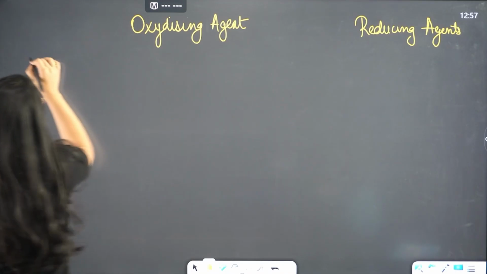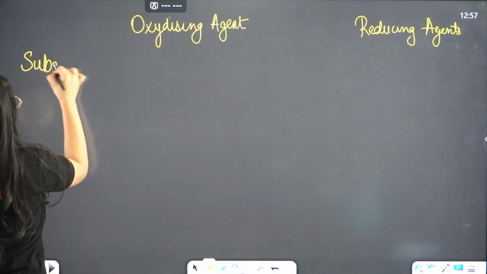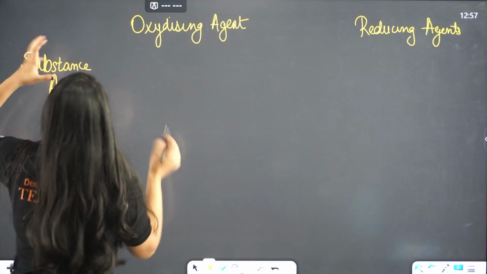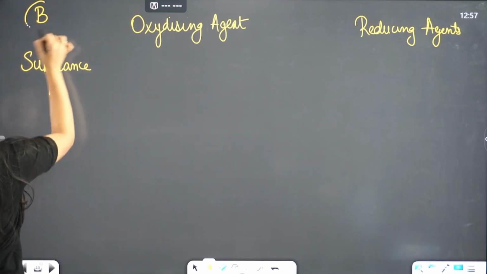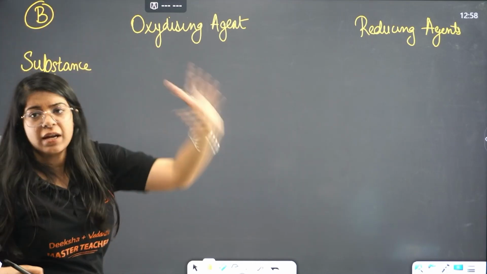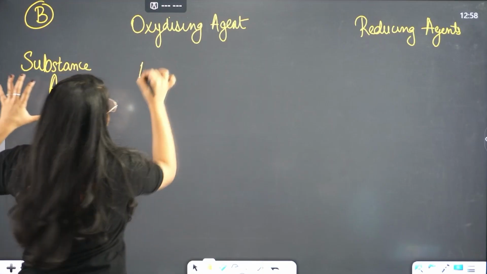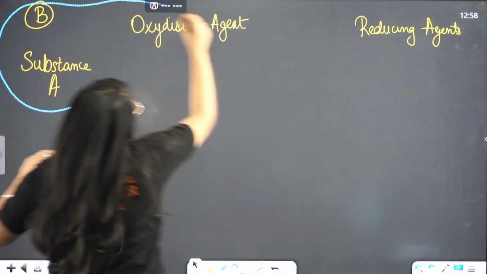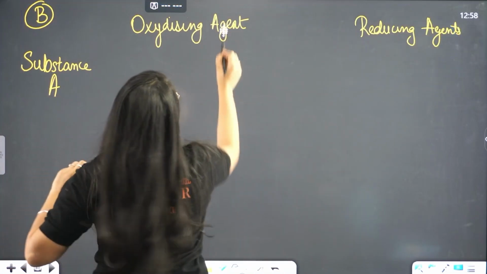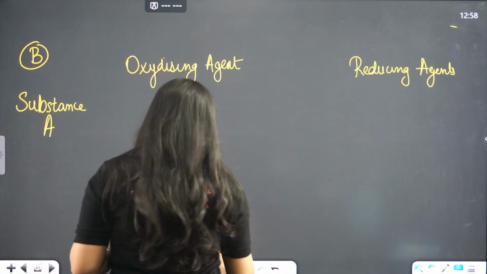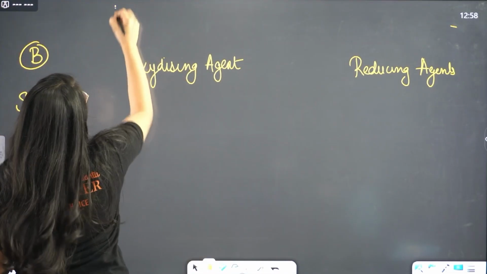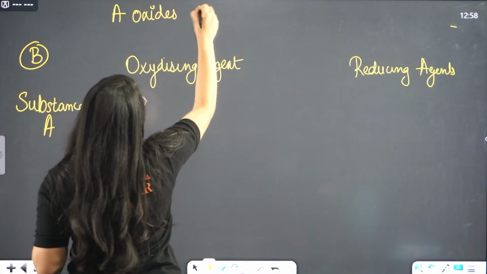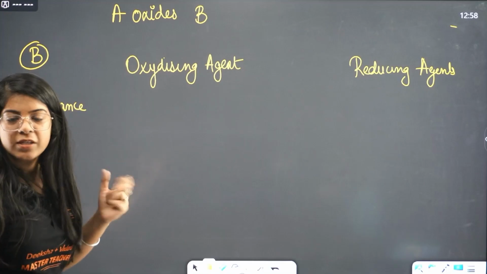Okay, there is a substance A, and there is another substance B. Let me do one thing. We write a sentence here: A oxidizes B.